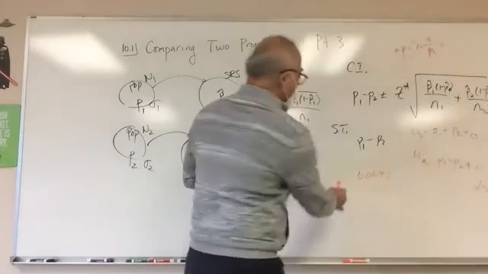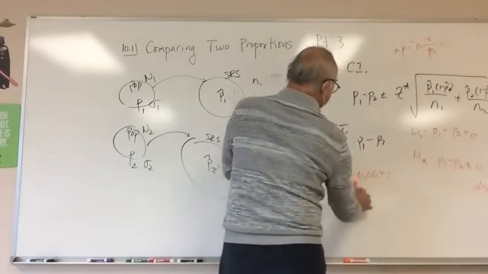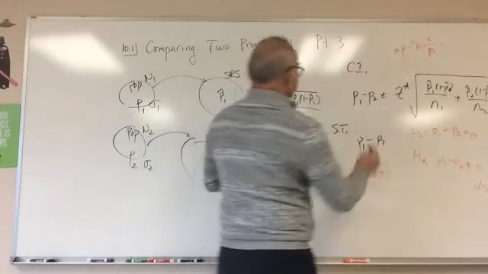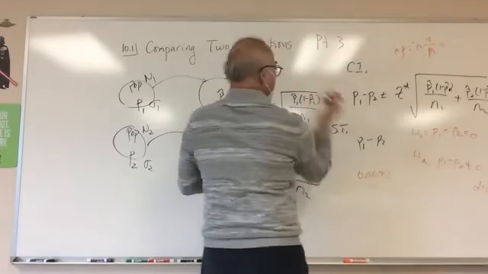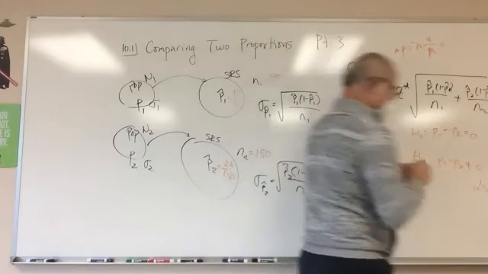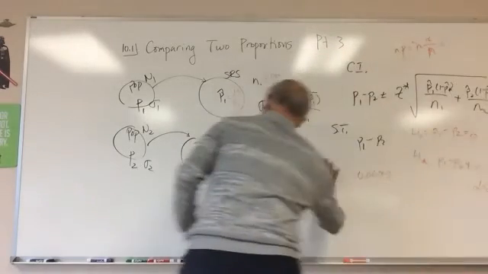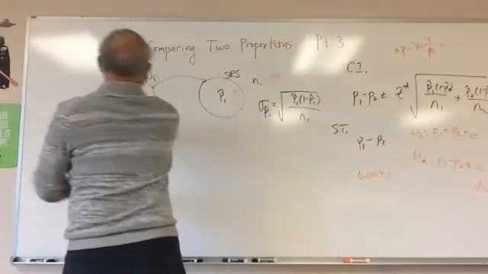And the Z was this guy, because the total mean was what? I'm going to have to erase this. I didn't want to erase it, but I guess I will.